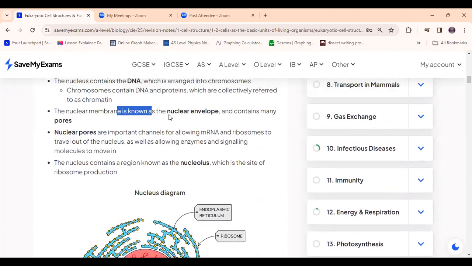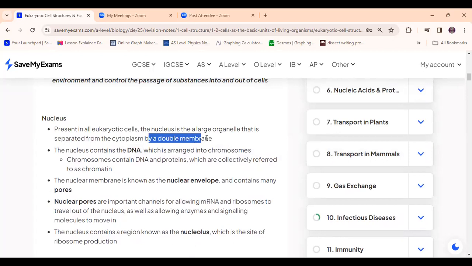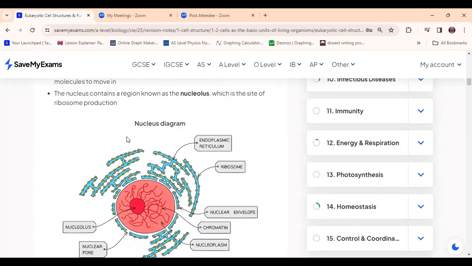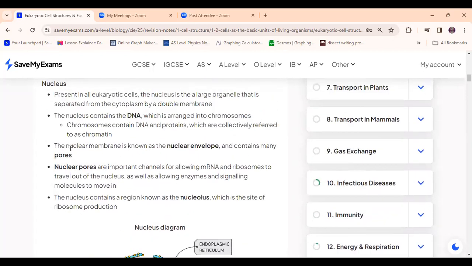The nuclear membrane is known as the nuclear envelope and contains many pores. We said that it is a double membrane, right? The nucleus is surrounded by two membranes. The name for that membrane is the nuclear membrane, and we also refer to it as the nuclear envelope. On that membrane, there are many pores, which we refer to as nuclear pores.